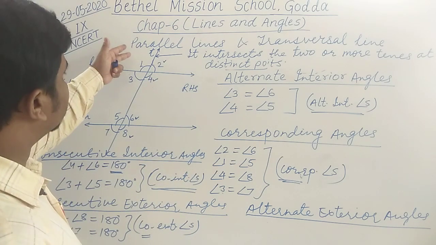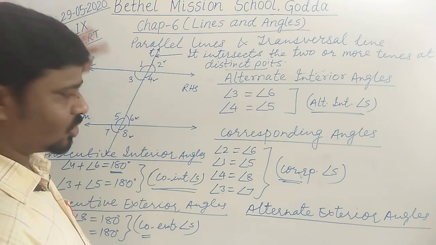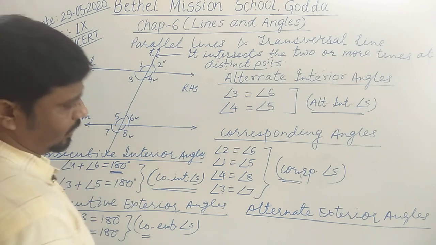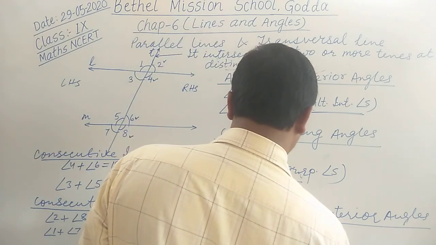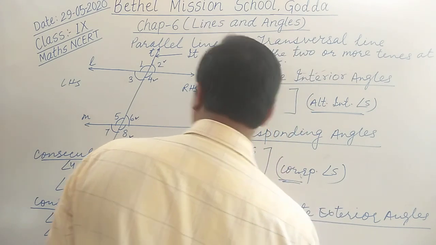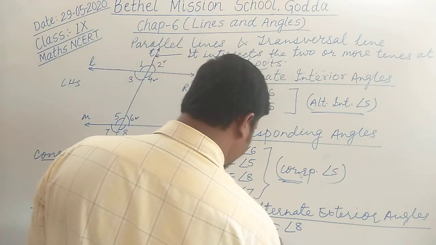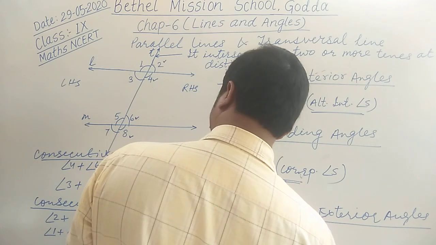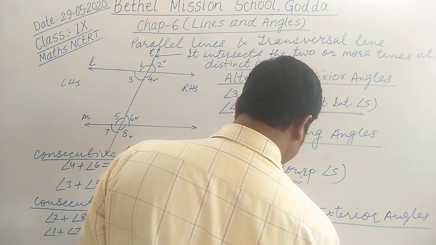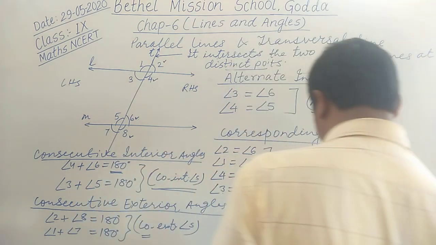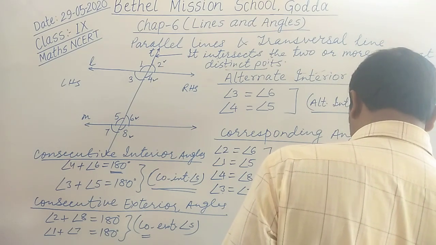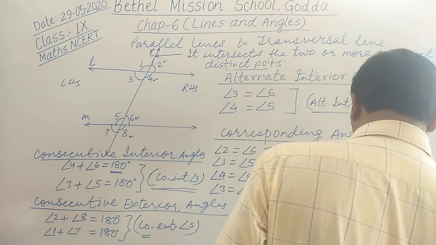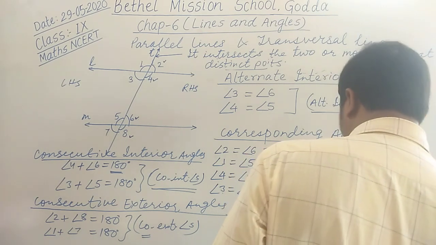Alternate means they are just opposite to each other, but they are exterior, outside of the parallel lines. Angle 1 will be equal to angle 8, angle 2 will be equal to angle 7. Alternate exterior angles.